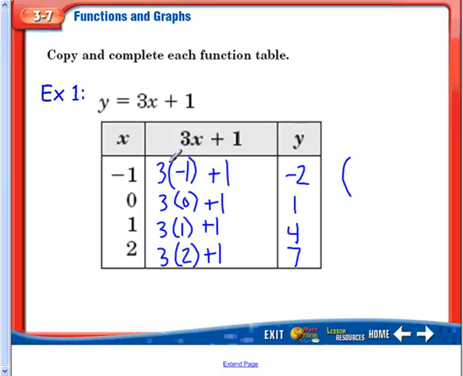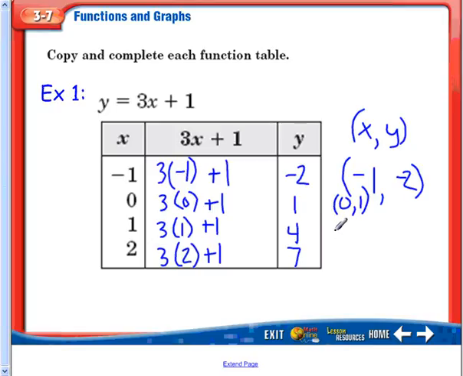The solution for the function at x equals -1 is -2. That gives us our ordered pair -1, -2, where x is first and y is second. Our second solution, when x is 0, y is 1.